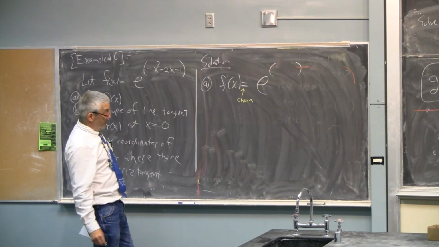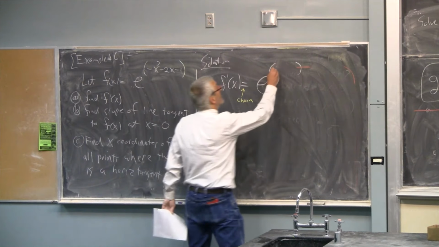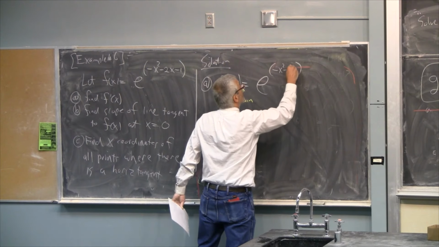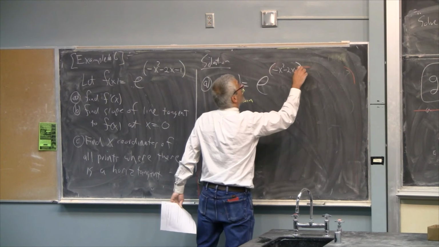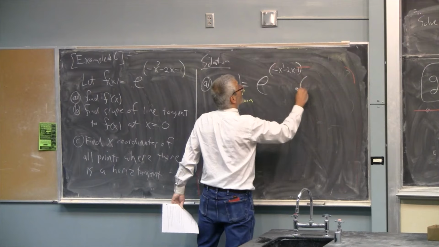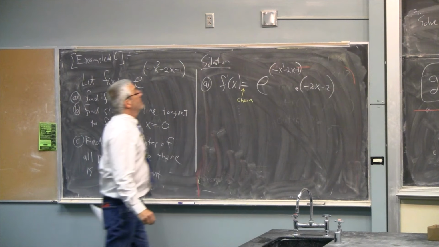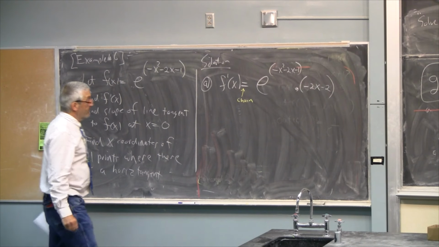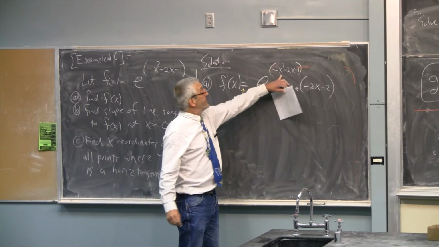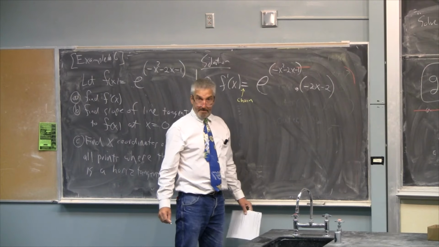And then I have to put the original inner function back in. And then I have to take the derivative of the inner function, so minus 2x minus 2. So again, that's outer prime of inner times inner prime.